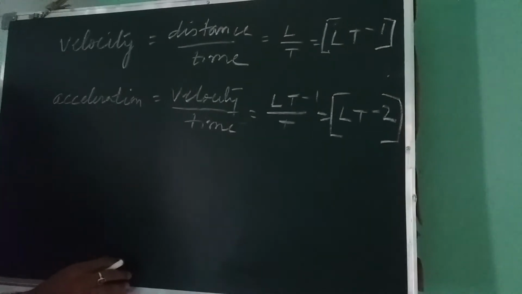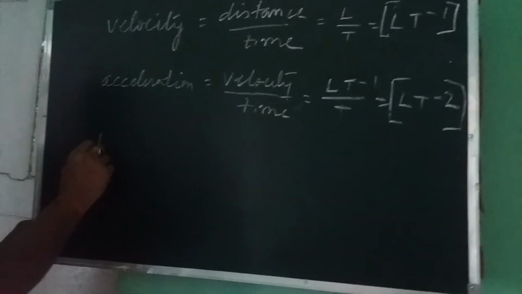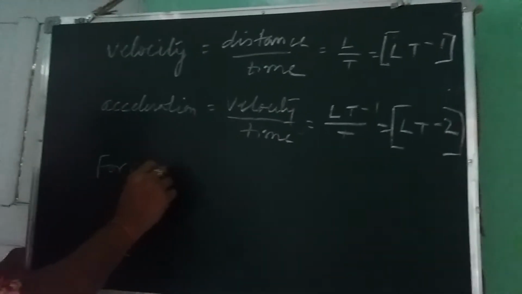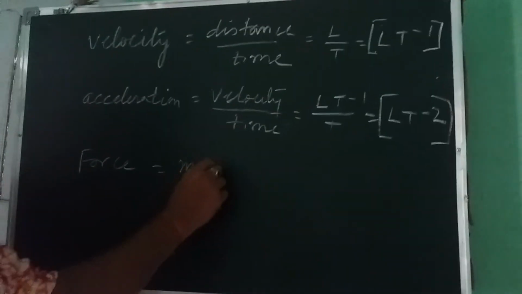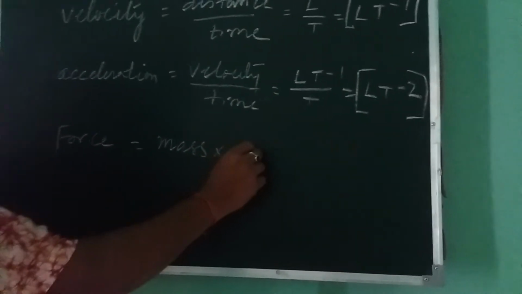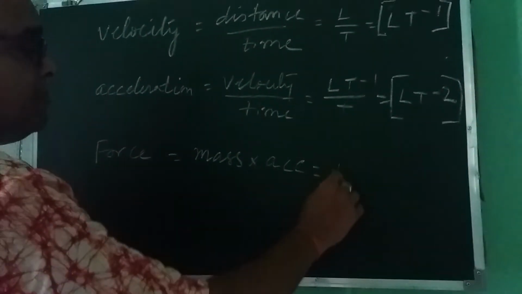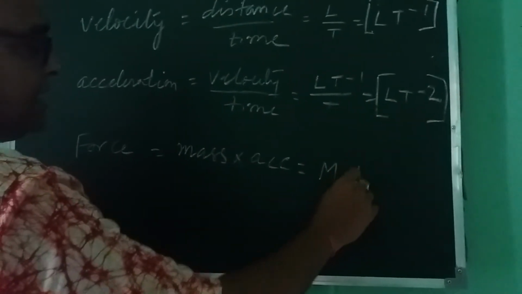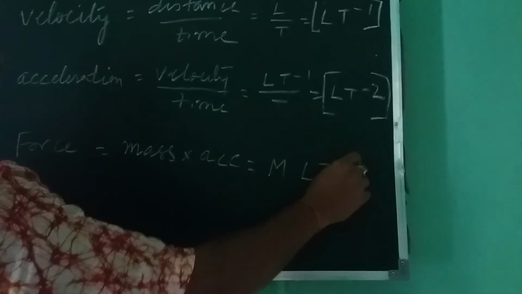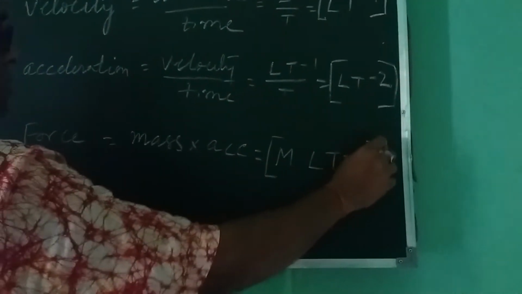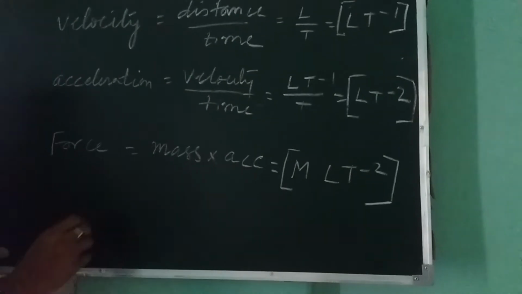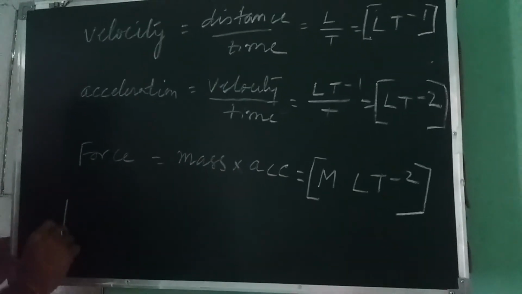Now, what will be the dimension of force? The dimension of force is equal to mass into acceleration. Mass is denoted by M, and acceleration is L T to the power minus 2. Next is work.